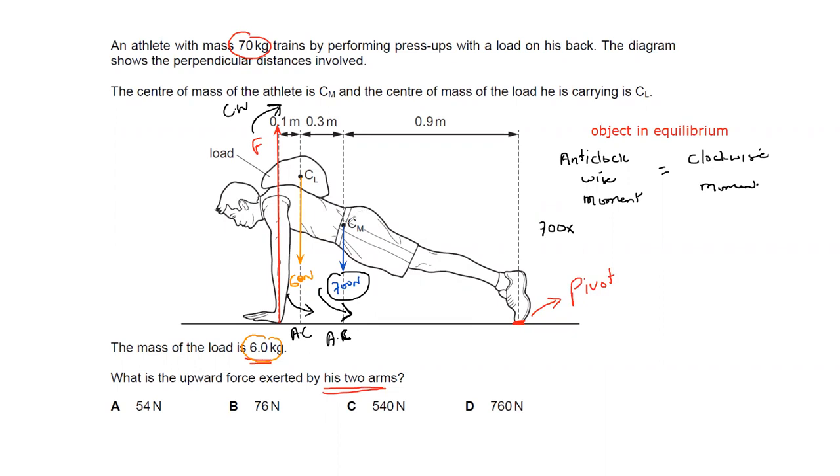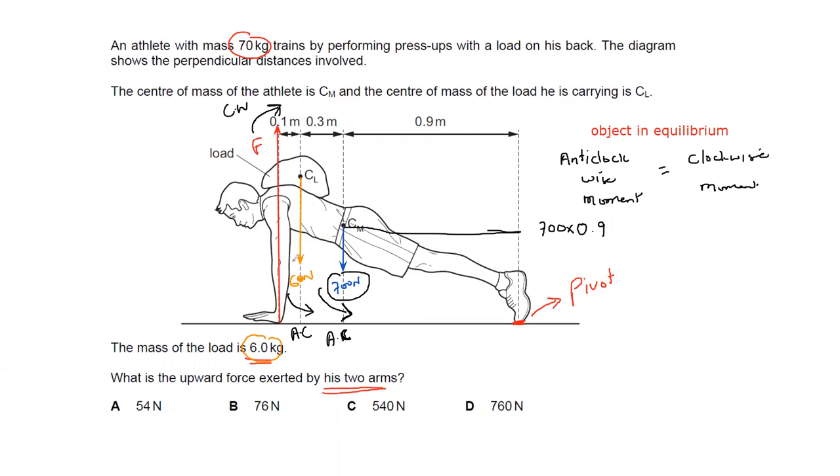What is the perpendicular distance between the weight of the athlete and the pivot, the point of rotation? It's given as 0.9. So it will be 700 into 0.9.